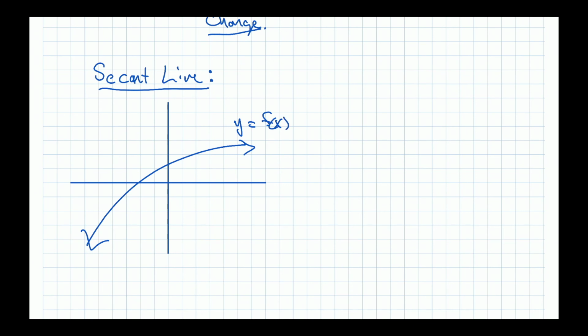Okay, so what is a secant line? A secant line is a line that goes through 2 points on a graph, 2 points on a curve.